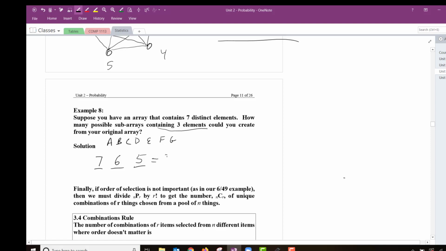Let's see, that's 210 different ways. Or we could use our permutation notation. This is that exact example where we have 7 things and we're choosing a subset of size 3. And it seems like the order of these maybe does matter. But again, it's not completely clear in this example if that's what they mean.